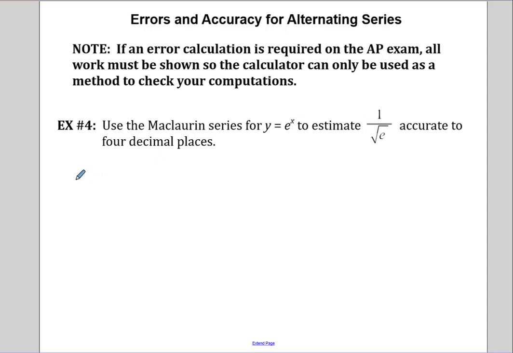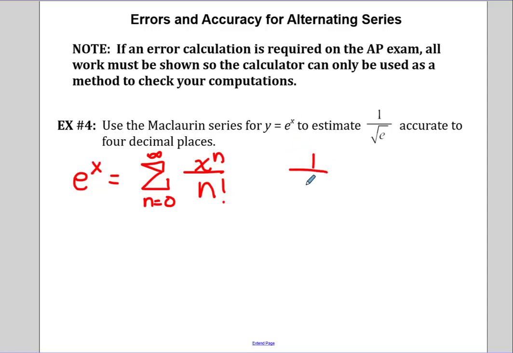And we know from last lesson that I said you need to memorize the sigma notation for e to the x. And if we wrote that out with 1 over the square root of e, then I'm thinking e is to the negative half. So we want to use this value here.